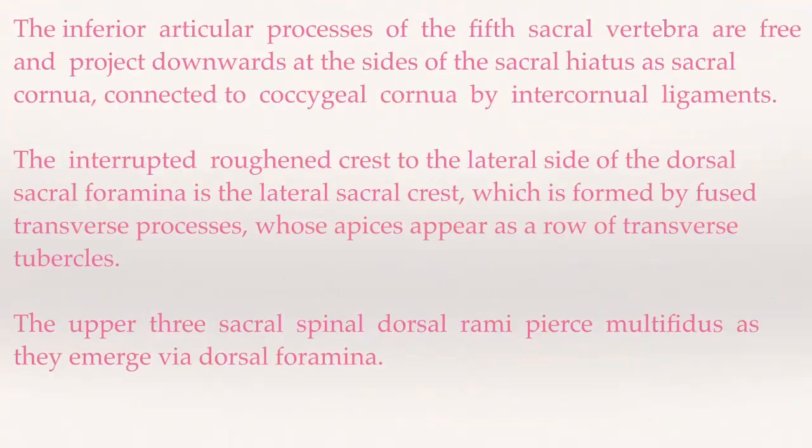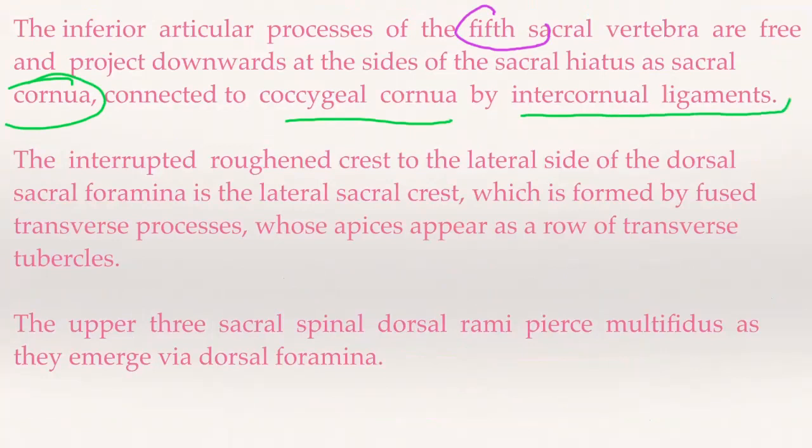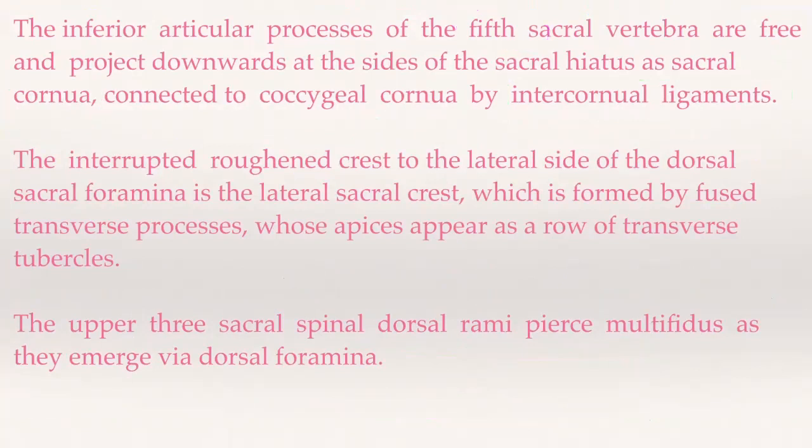The inferior articular processes of the fifth sacral vertebra are free and project downwards at the sides of the sacral hiatus as sacral cornua. Remember, the sacral cornua are connected to the coccygeal cornua by the intercornual ligaments. We'll see that.